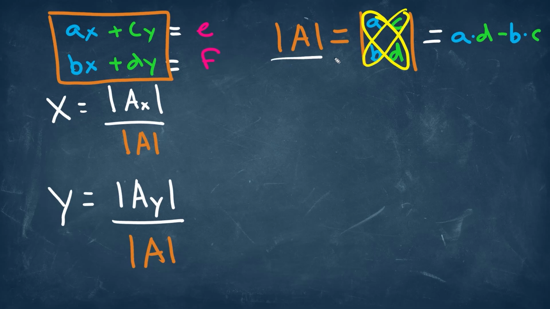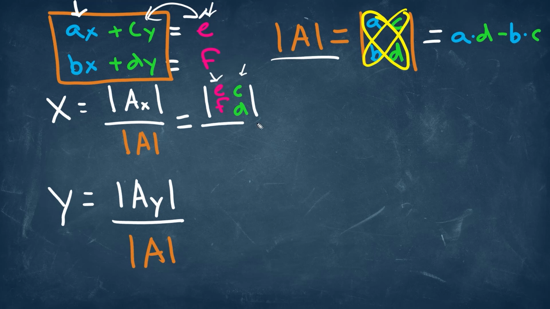Once you've established what the determinant is, we can calculate the determinant of our variable divided by our determinant. Now your A of x determinant is going to be equal to e, b and f, d. You'll notice that for this, you're not including any of the x variables, and that the columns are reversed when trying to figure out the determinant, with your y values being on the right side and your numerical values being on the left side.